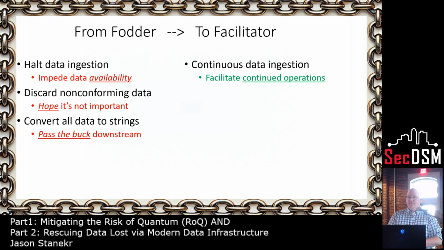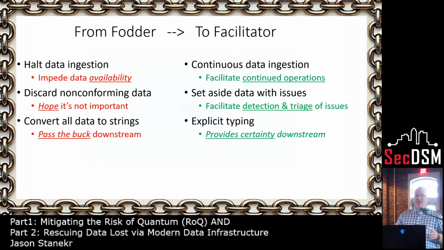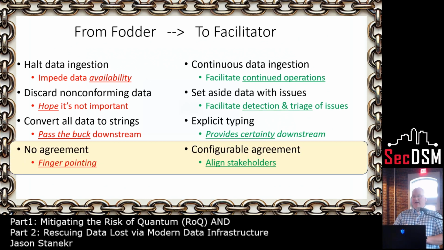Instead of halting operations, we ensure that they continue. Instead of discarding data, we report it to a subject matter expert to figure out what to do with it. Instead of passing the buck, we provide a robust interface between who's producing the data and the people using the data. And instead of finger pointing, we can get everybody on the same page.